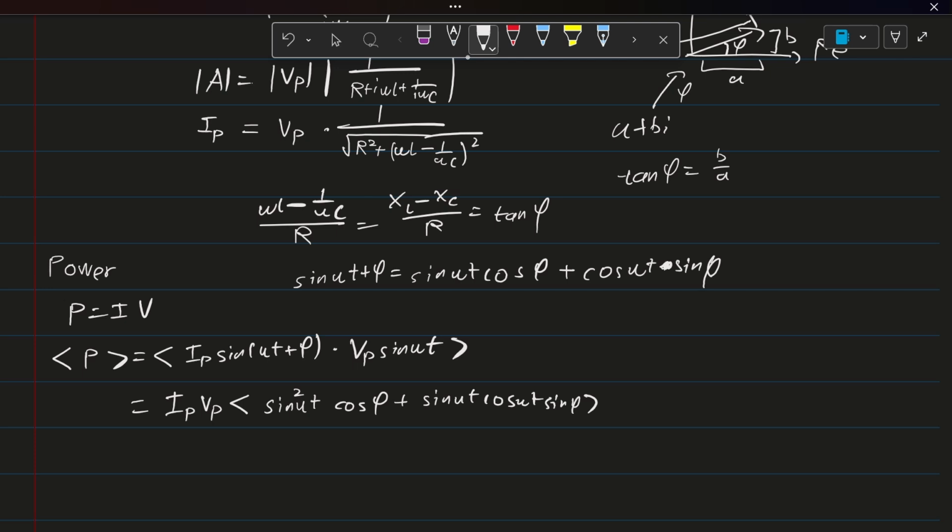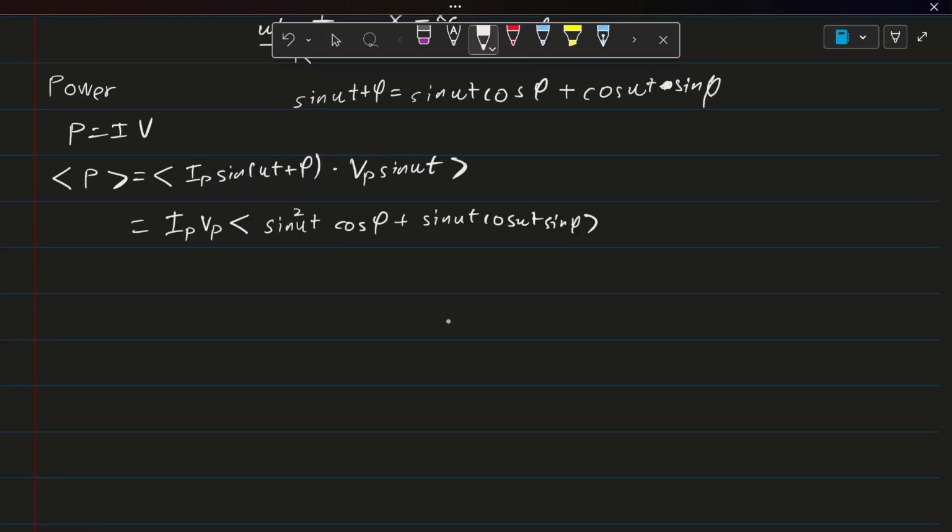And now we want to figure out the average. Another thing when we're dealing with averages or expected values is that it is also linear. So we could just separate this into two: the average of sine squared omega t times cosine phi plus the average of sine omega t cosine omega t sine phi.